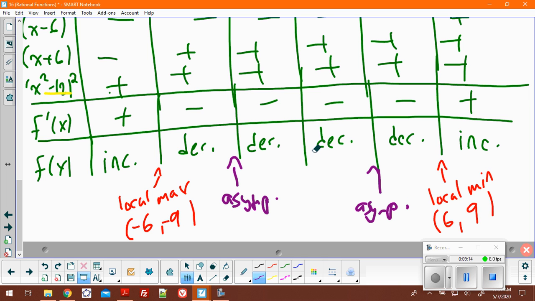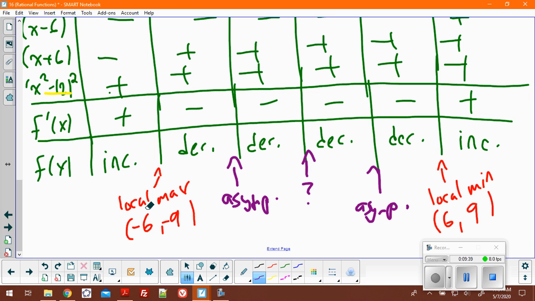This part in the middle is a point. This is the x-intercept at 0, which is also the y-intercept. This is a case where it's decreasing and then decreasing, so it does not have a local max or min there because it didn't switch.